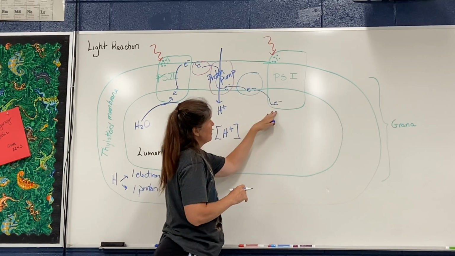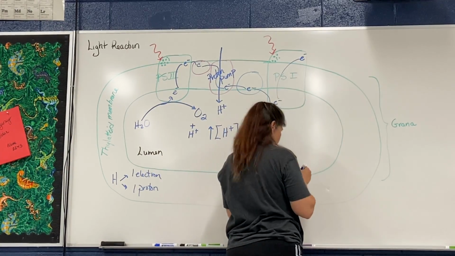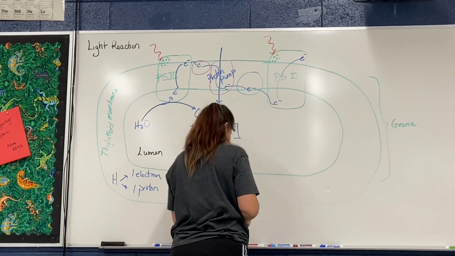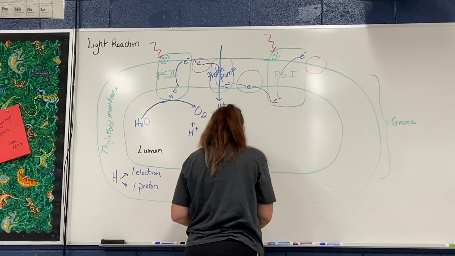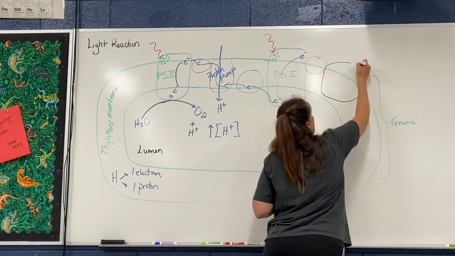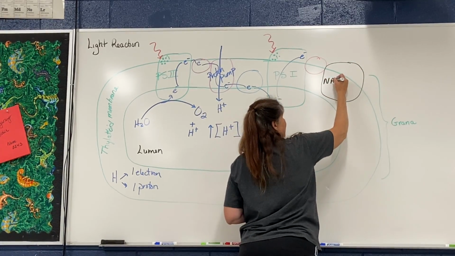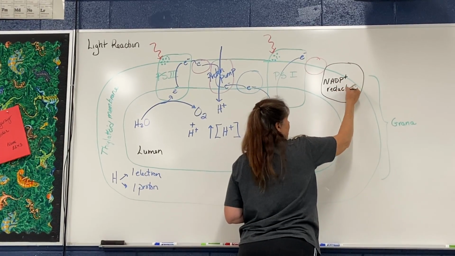Once we then pass to PS1, we get another power boost. And then we're going to again go into another electron transport chain, and this is going to be NADP plus reductase.